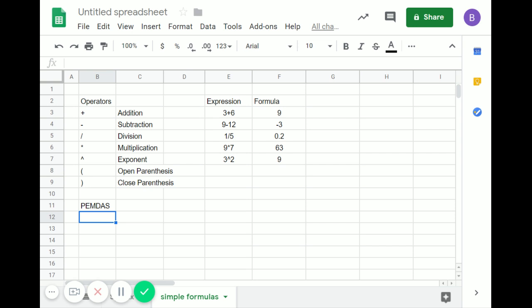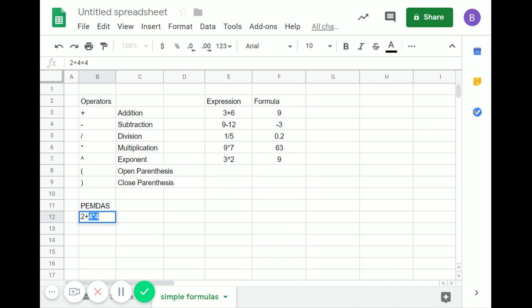Okay, so let's take a look at what I mean by applying this rule of PEMDAS. Let me write an expression here: 2 plus 4 times 4. If you are to solve this using PEMDAS, are there any parentheses? No. Any exponents? No. Any multiplication? Yes. So that means this operation will happen first.